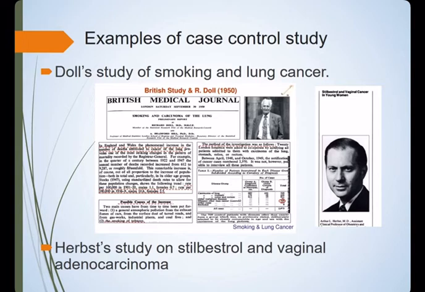Another example is Herbst's study on stilbestrol and vaginal adenocarcinoma. Herbst and his colleagues reported a retrospective study in 1971 on the association of maternal stilbestrol therapy with tumor in young women. Adenocarcinoma of the vagina in young women was a very rare disease.